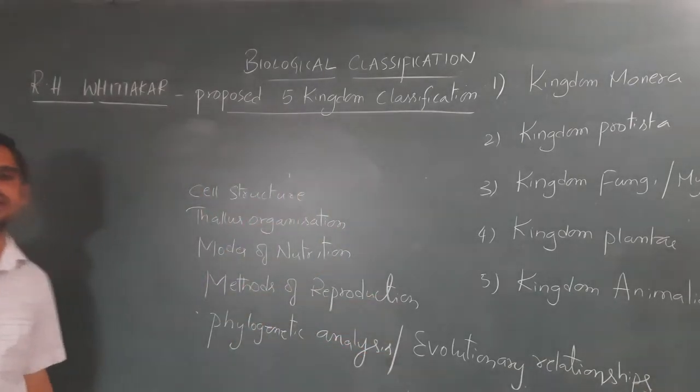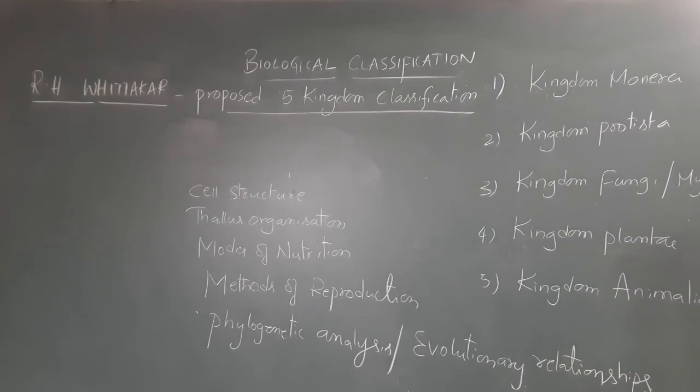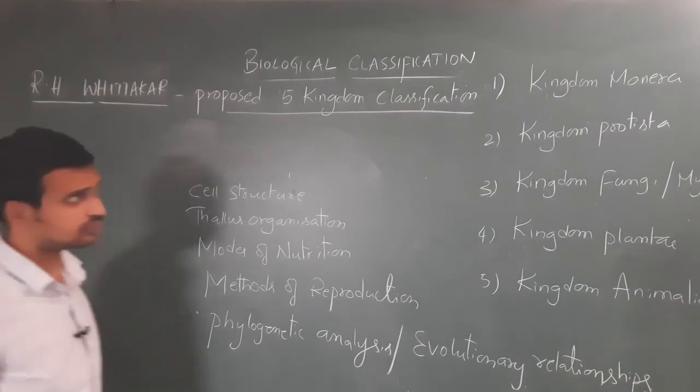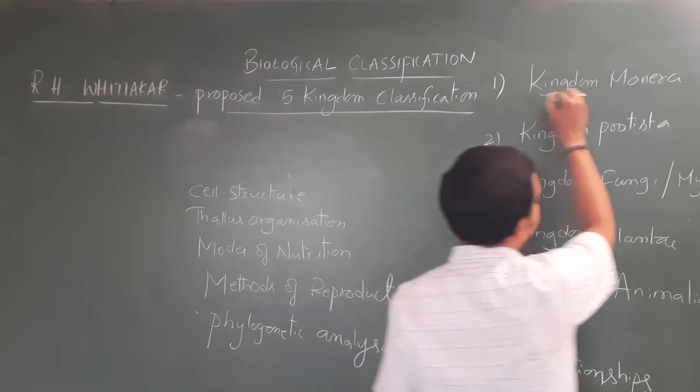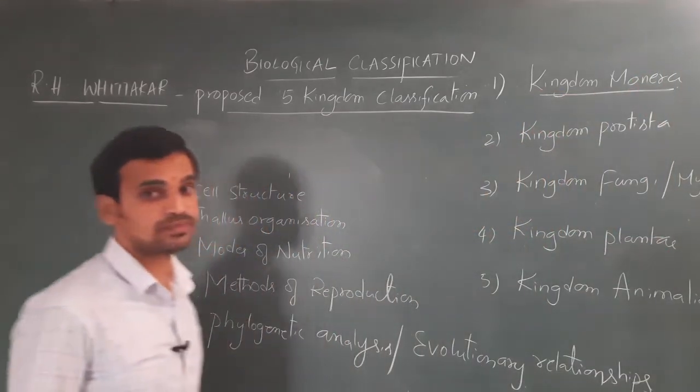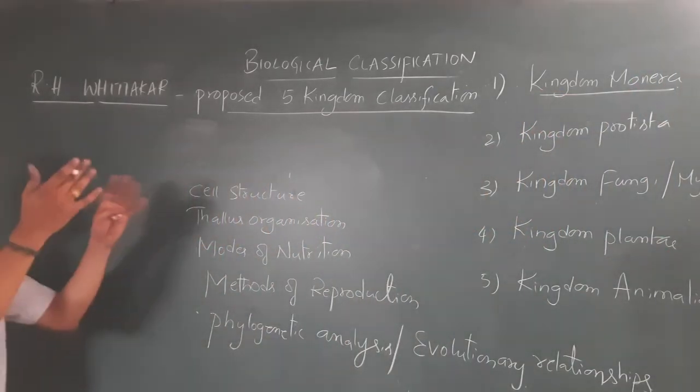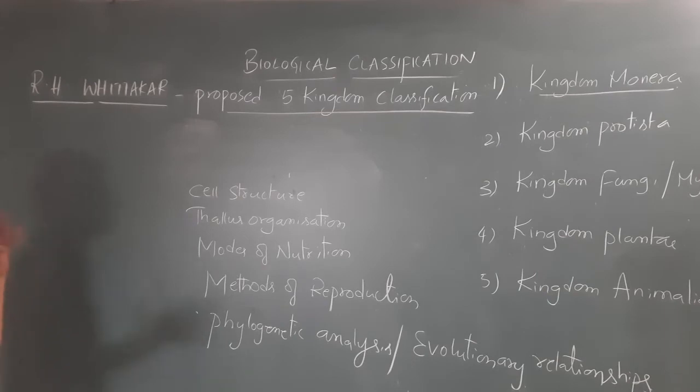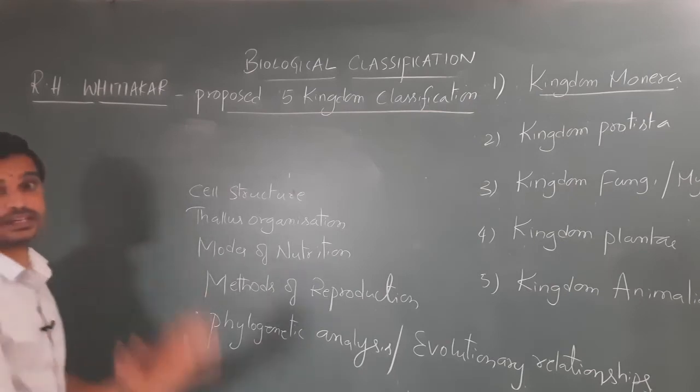These are the things that he has taken to classify the organisms. So now coming to the Kingdom Monera. So what are the organisms which come under Kingdom Monera? Each and every kingdom has an elaborate description. We are going to discuss each and every kingdom in separate classes. First you should know the basic things in these kingdoms. What are the organisms which come under these kingdoms?